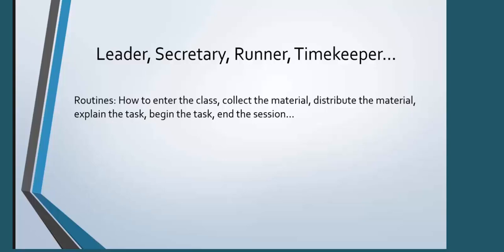The runner is the person who goes up, gets the particular folder, goes to the seat of their group, and then at the end returns the folder complete with the work that they have done back to the teacher. The timekeeper's job is to keep everyone on task and make sure they know how much time they have left.